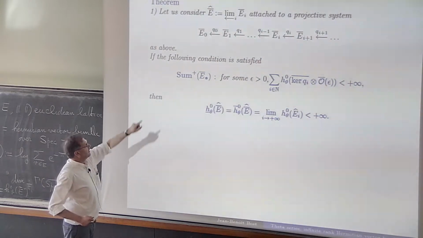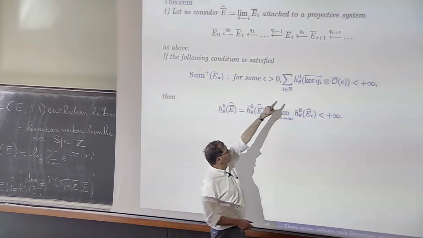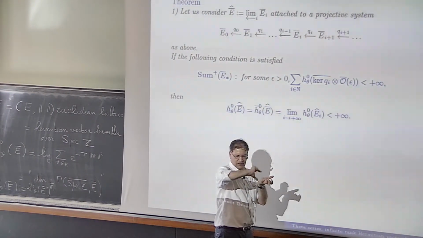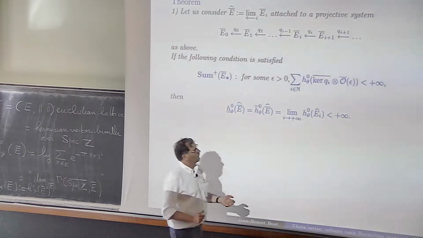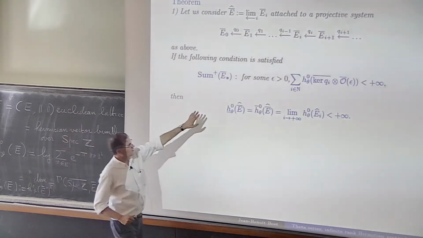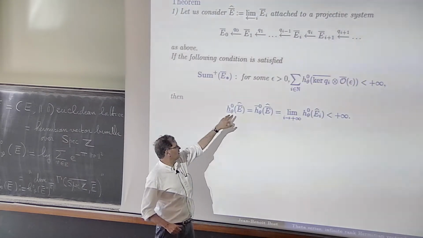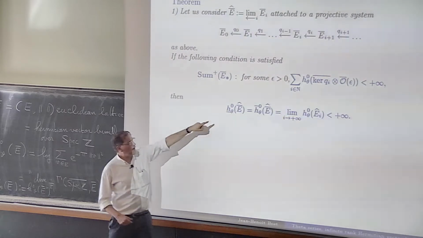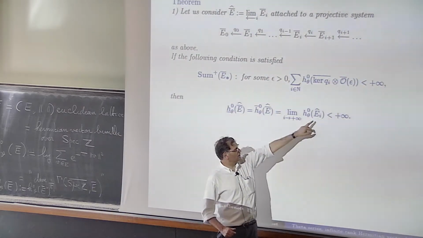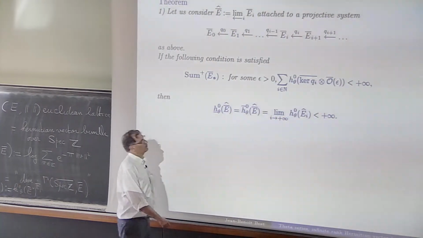Okay. And basically, the theorem asserts that if the series of the H0 theta of these various extension steps converges, then the various candidates for H0 theta of E-bar-hat coincide, and actually coincide with the limit of the H0 theta of the approximations.